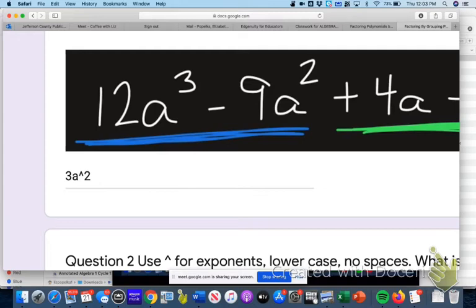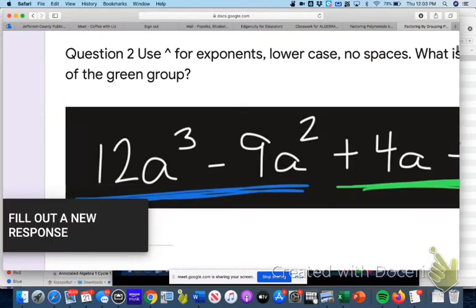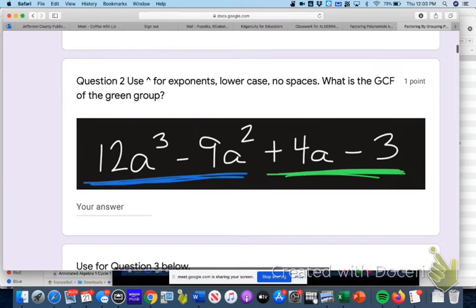And then, let's look at question number 2. If we found the greatest common factor for the blue group, now we need to find the greatest common factor for the green group. Now this one's a little bit tricky, so I'm going to help you with this one. You don't have an A in both of them, right? No. So you can't factor out an A. And you can keep trying all day, but you can't divide 4 by anything that you can divide 3 by.